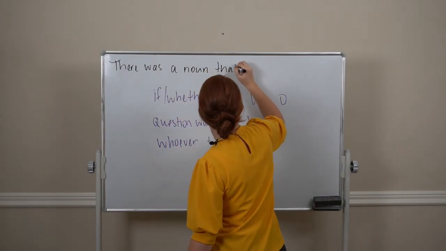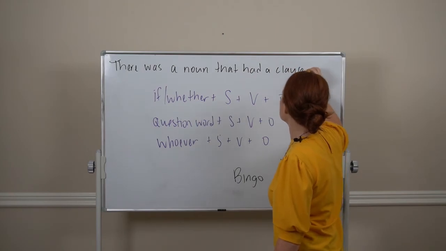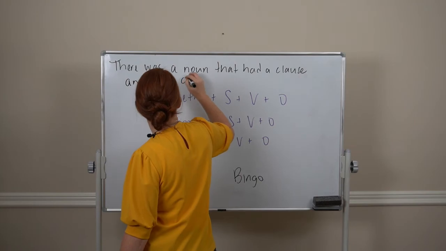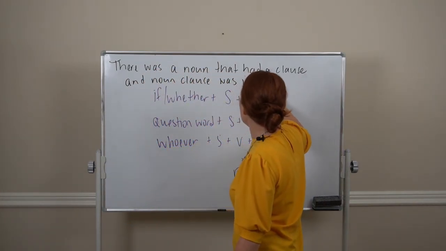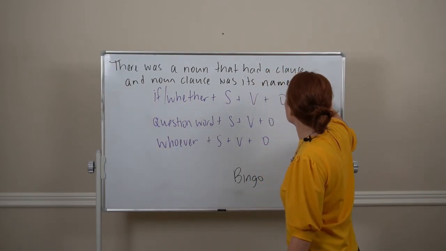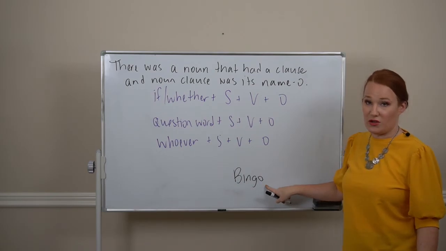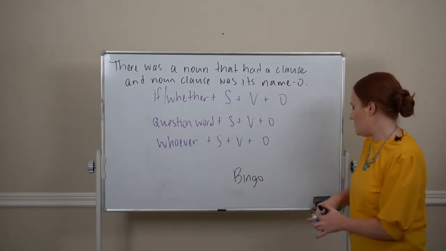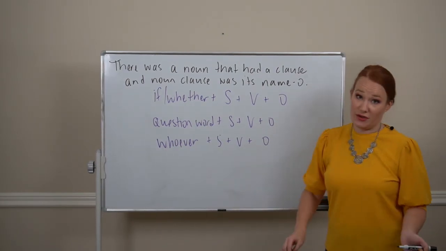There was a noun that had a clause. And noun clause was its name-o. So in the original, it's there was a farmer had a dog, and Bingo was his name-o. So forget that. We're doing grammar version, okay? So please enjoy.